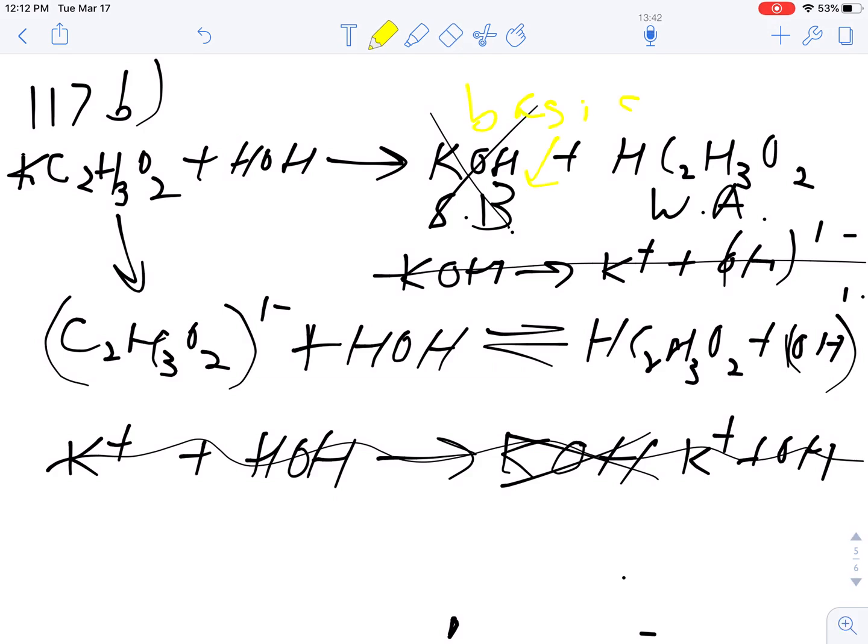Because strong base. So that helps us figure out if it'll be basic or acidic. What it doesn't help us do is actually find the actual pH. To find the actual pH, we need to recognize that this is the reaction that's happening, that actually the OH is being created by the acetate reacting with water. Okay, so this is our actual reaction that's occurring.